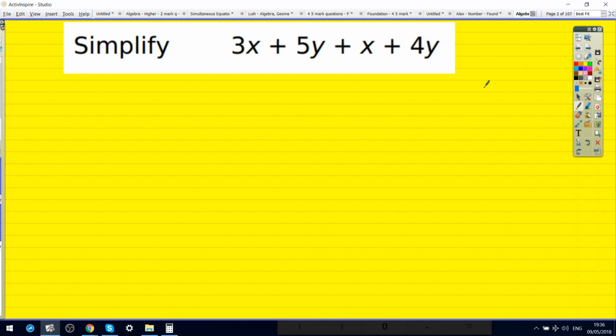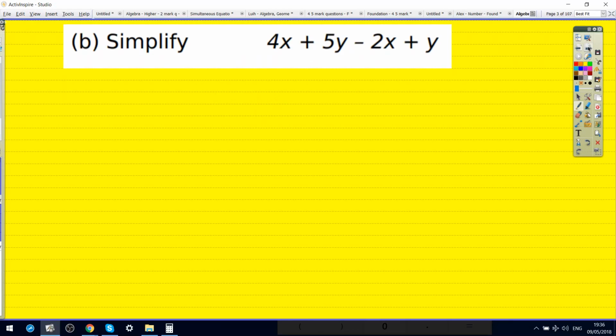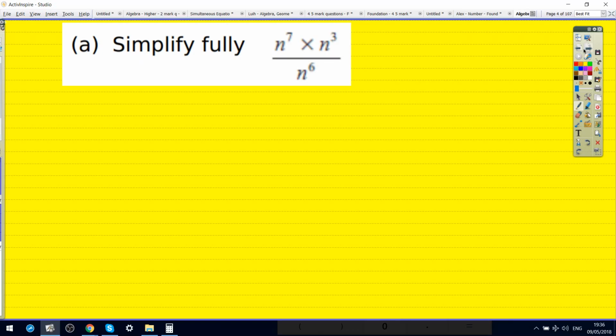Okay. Any idea what this is? Simplify, so that would actually be 4x plus 9y. That's it. You'll be fine there. Okay, how about this one?